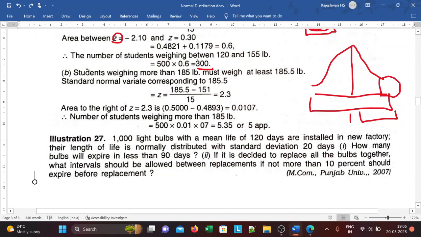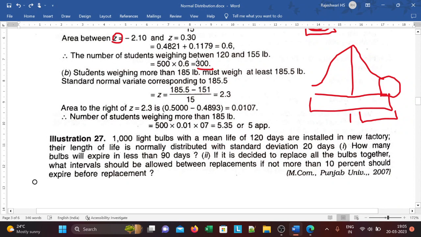So at least try the first part: how many bulbs will expire in less than 90 days? Of course, the second part is a little tricky, but consider the first one. If you do the second one also, it's well and good. It's very simple.